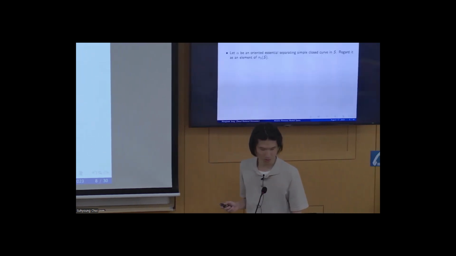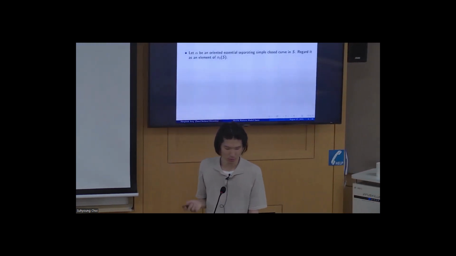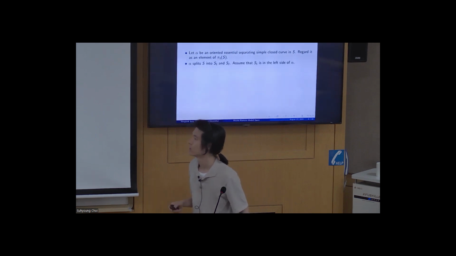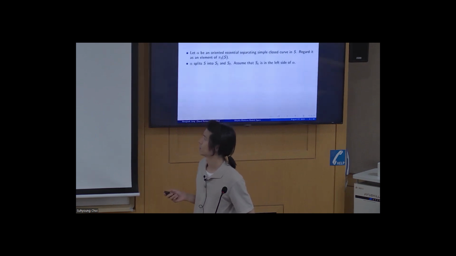So how do we construct or define the Goldman flow? Well, let's say alpha is an oriented essential simple closed curve that separates the surface into 2 pieces. And because alpha is oriented, and because S itself is orientable, there's a well-defined notion of being left.